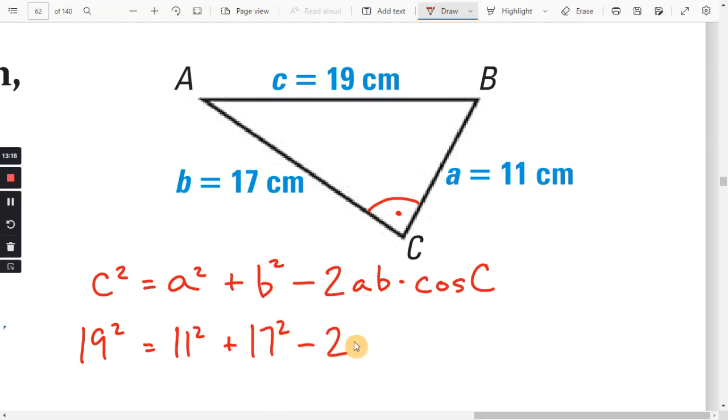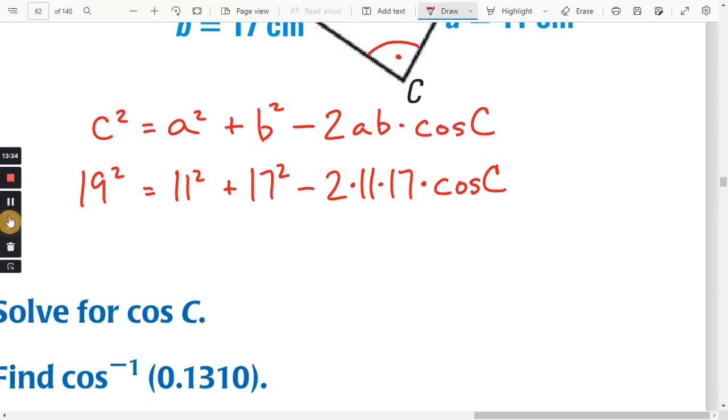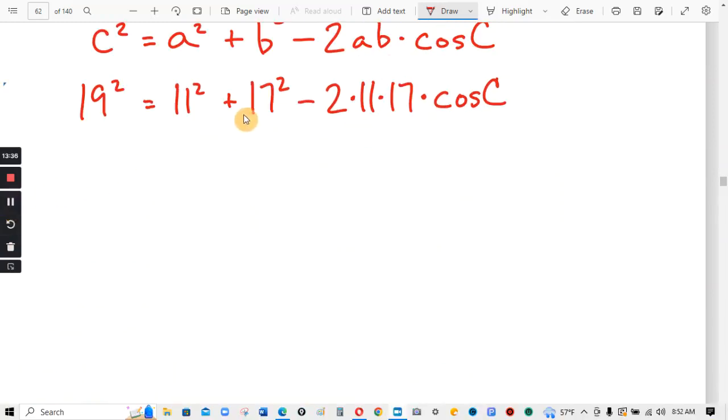Minus 2 times a, which is 11, times b, which is 17, times cosine of C, which we don't have. Now, you can certainly get numbers for these if you want, but I like to do the work before going to the calculator.